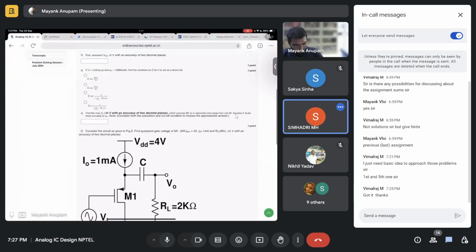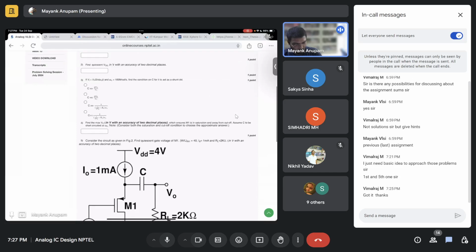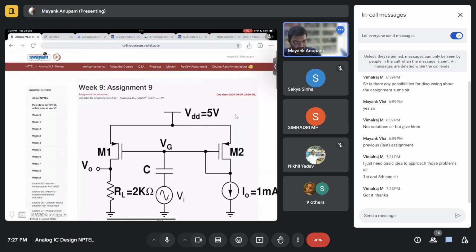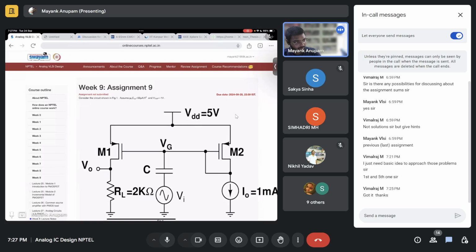I think you can assume it there. If you absolutely need it for solving this question, you must use it. If it is not given and you may not need it, then that's a whole different story. First of all, it should be mu p Cox. It should not be mu n Cox. That's a typo. Okay, sir. Thank you.